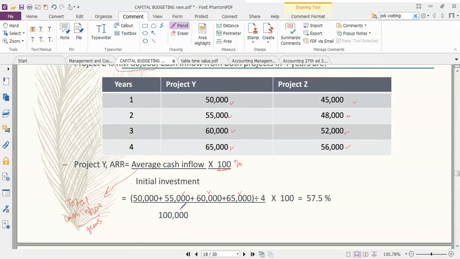How much here, you try to calculate. 50,000 plus 55,000 plus 60,000 plus 65,000. Okay, total of all this is 230,000. Divide with 4, you will get 57,500, the average cash inflow, and then divide with 100,000.